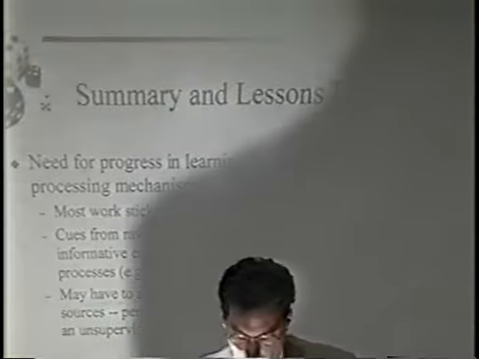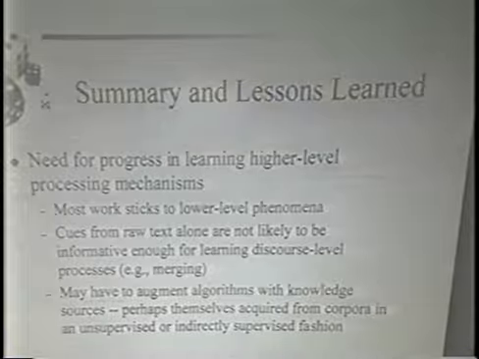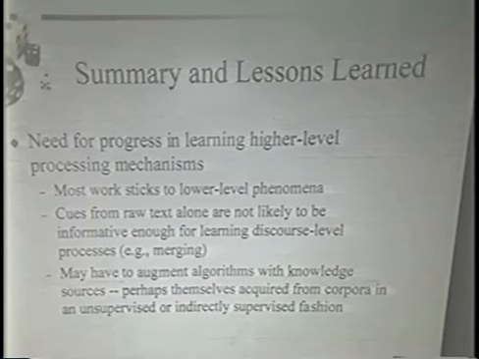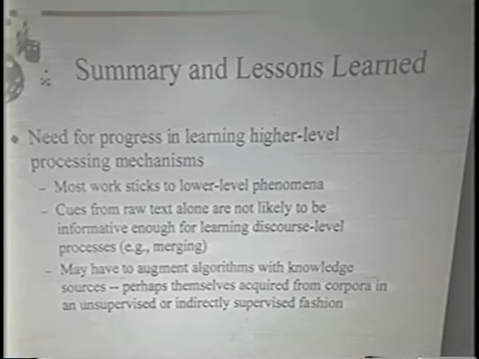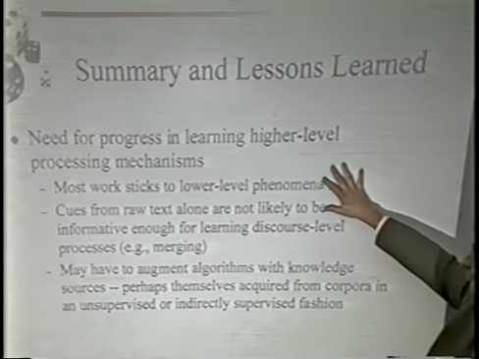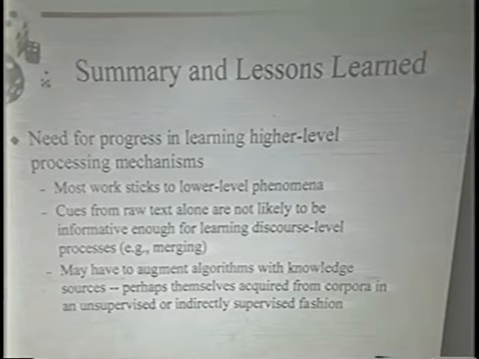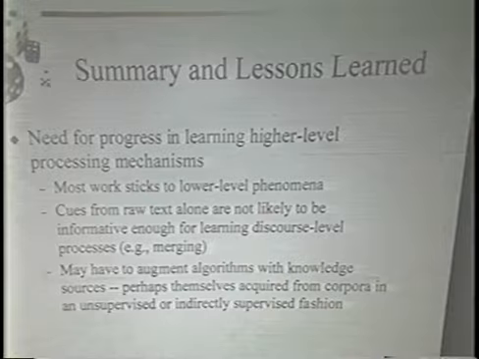I'd also like to just push for more attention to these higher level processing tasks in natural language understanding. A lot of work still seems to stick to the part-of-speech level, part-of-speech tagging, word level endeavors. And the progress that's been made is certainly exciting.